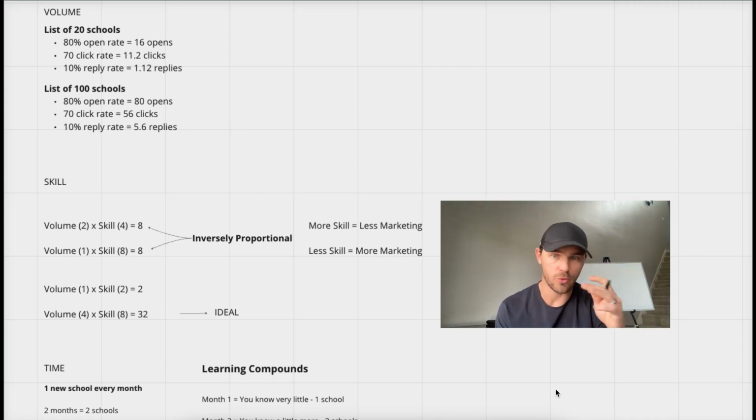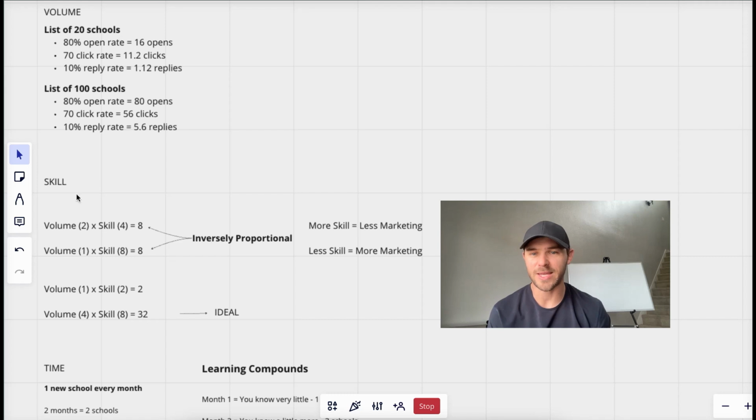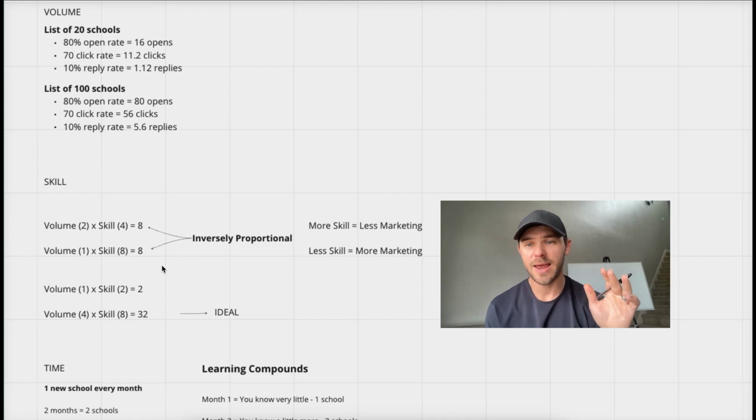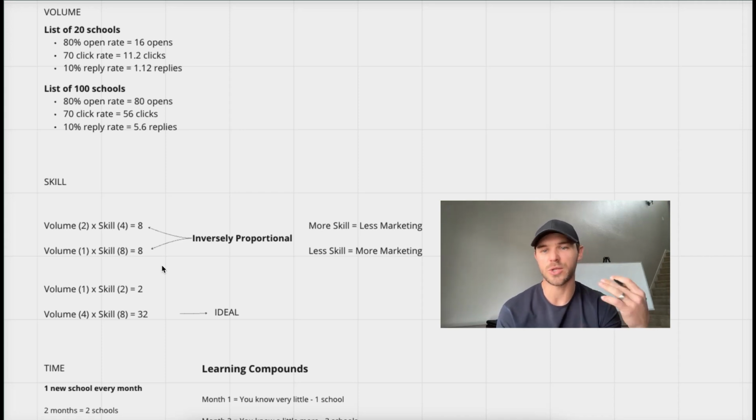Now, I want to walk you through an example and what this looks like. If you look at this piece right here next to inversely proportional, we have a volume of 2. Now, these numbers are between 1 and 10, and I just am using them as an arbitrary indicator, okay? I'm not saying this is sending 2 emails or 1 email. This is just an arbitrary indicator that's giving us some point of reference, okay? So volume is a 2. And let's say your skill is you are a 4 out of 10, something like that. You're an okay player.